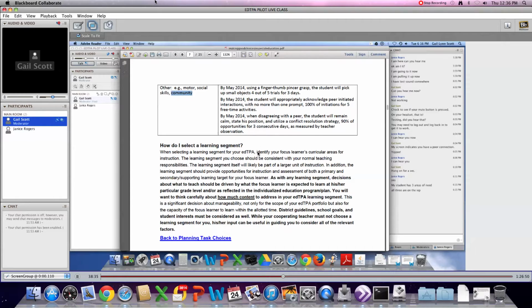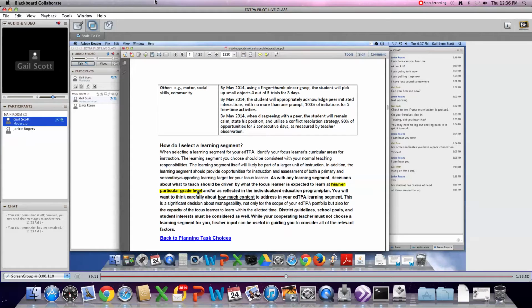Okay. So they're saying this is step-by-step. Janice, I'm not going to read through it because you said you felt pretty comfortable with the step-by-step instruction. One thing I do want to point out is what the focused learner is expected to learn at his or her particular grade level. You may not select learning targets that are third grade learning targets if your student is an eighth grader.